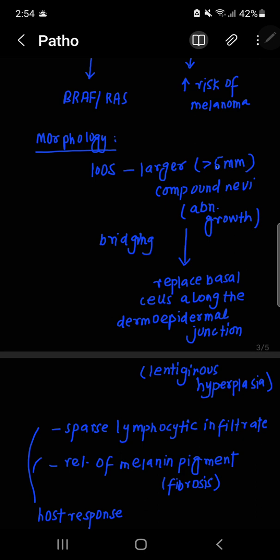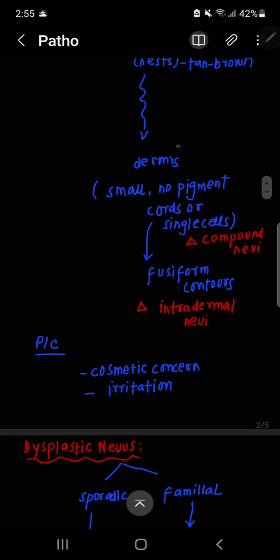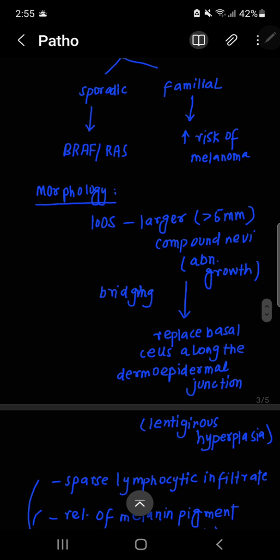It's basically initially a compound nevus with abnormal growth. I hope you remember what a compound nevus is, that we already mentioned: it's in the dermis, in the form of cords or single cells, or rather some little nests.